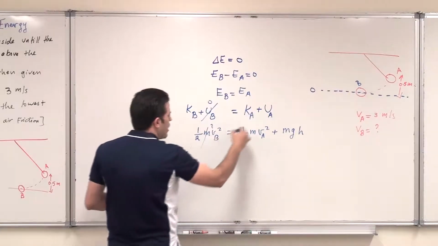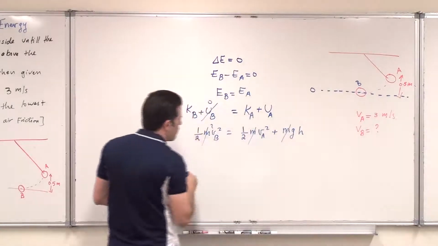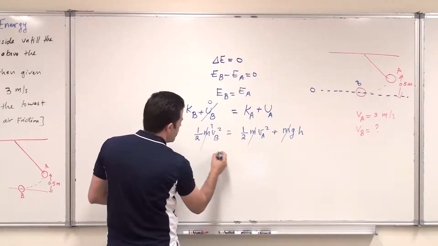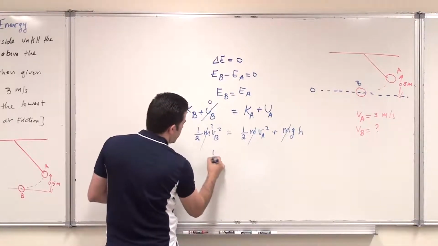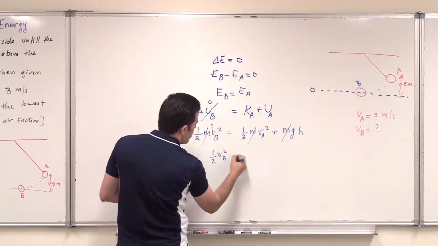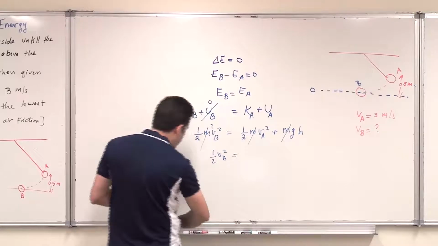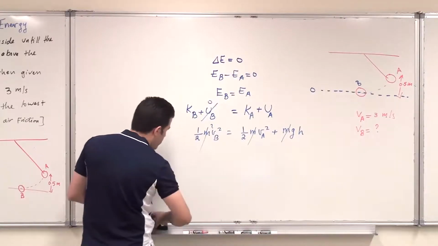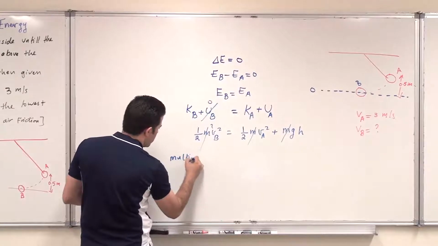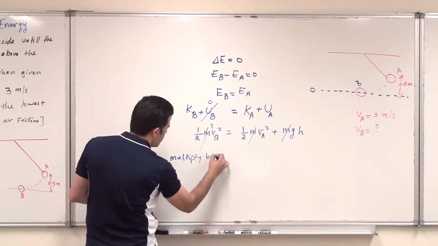So I can cancel out the mass term and just rearrange my equation so that half Vb squared should equal the right side. If I multiply by 2, I can simplify it even more.